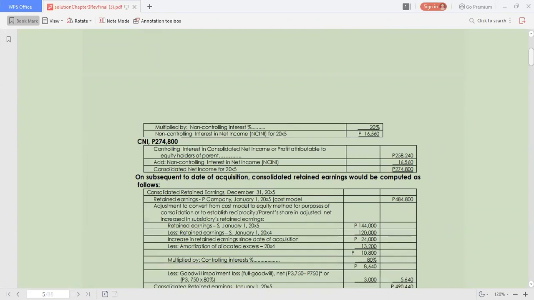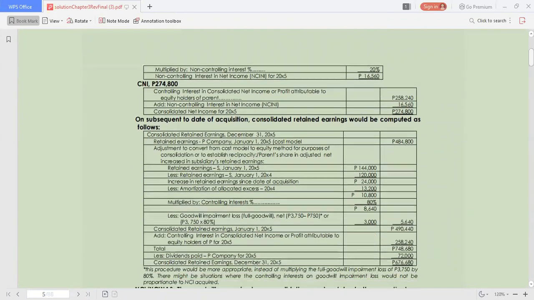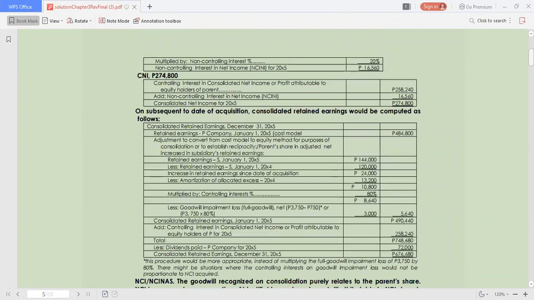In subsequent to date of acquisition, consolidated retained earnings would be computed as consolidated retained earnings of P Company, January 1, 20x5, under the cost model. Then we have the retained earnings of S Company for the amount of 144,000. We deduct the beginning balance of 120,000. We have increase of 24,000.